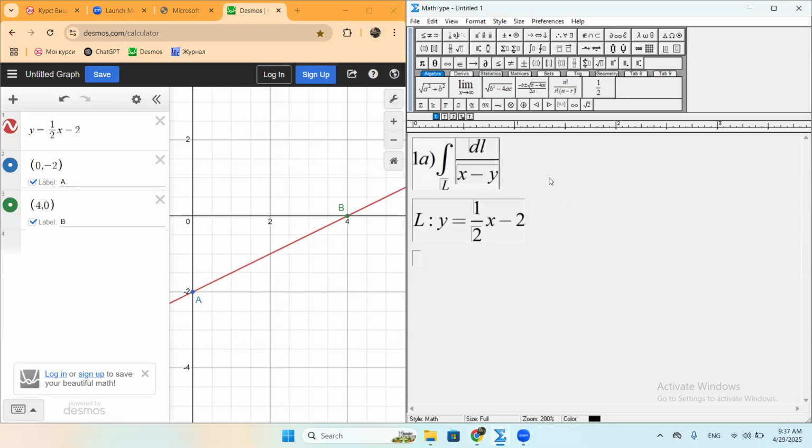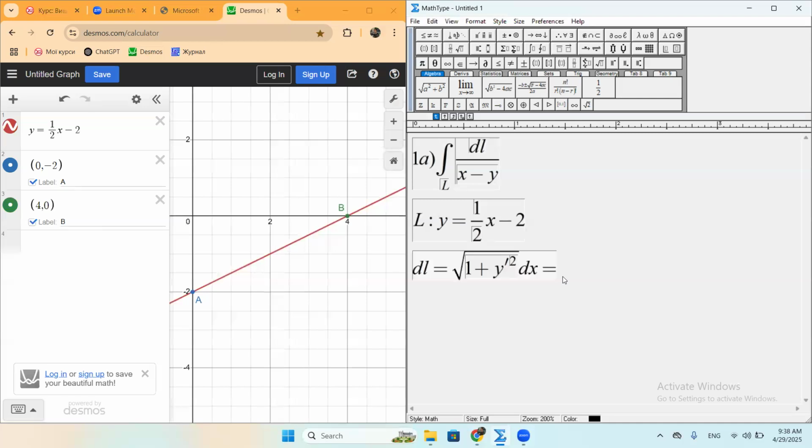This integral will be transformed to a definite integral. First of all, let's calculate dl. As you remember from definite integrals, dl is the differential of curve length, and it is calculated by the following formula when y depends on x: square root of 1 plus y prime squared dx.